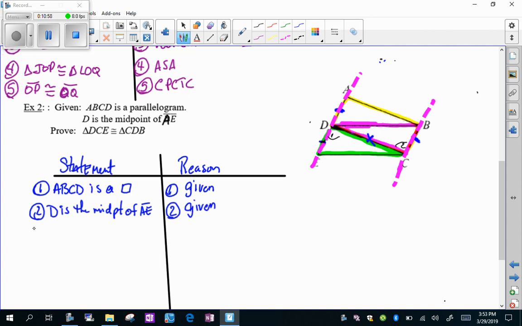All right, 3. Segment AD is congruent to ED. And I'm going to write definition of midpoint.